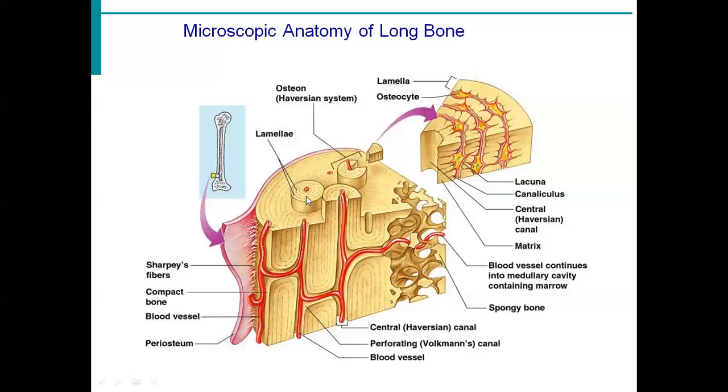A single Haversian system is connected with another Haversian system with the help of Volkmann's canal. And these are the areas of circulation of blood, both the central Haversian canal and Volkmann's canals. This is the overall structure of the long bone histology.